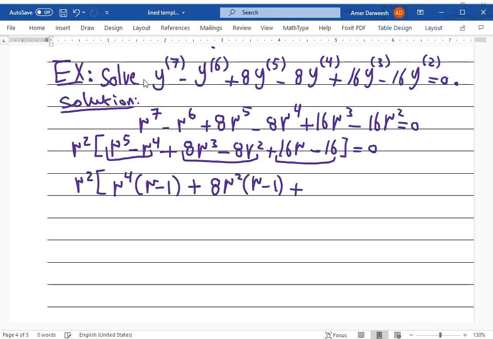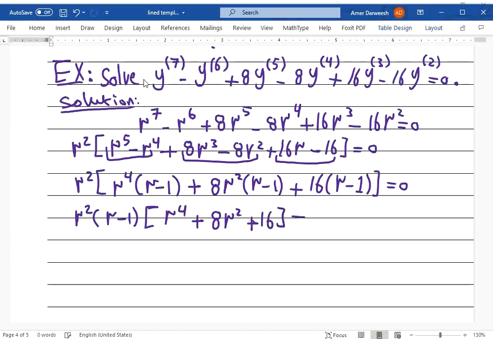The last one, factor out 16, and the rest is r minus 1 equals 0. Here we're going to factor out r minus 1, and the rest is r to the power 4 plus 8r squared plus 16 equals 0.